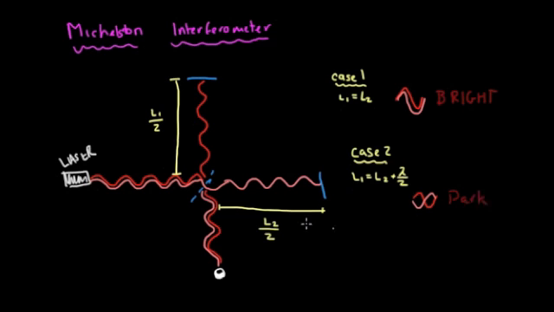Finally, case 3, we have L1 equals L2 plus a full wavelength. And in this case, remember it's going peak, valley, and it goes peak, and then it goes valley, and then they're back in phase. So the peaks again match the peaks, and the valleys again match the valleys, and we again get a bright spot.